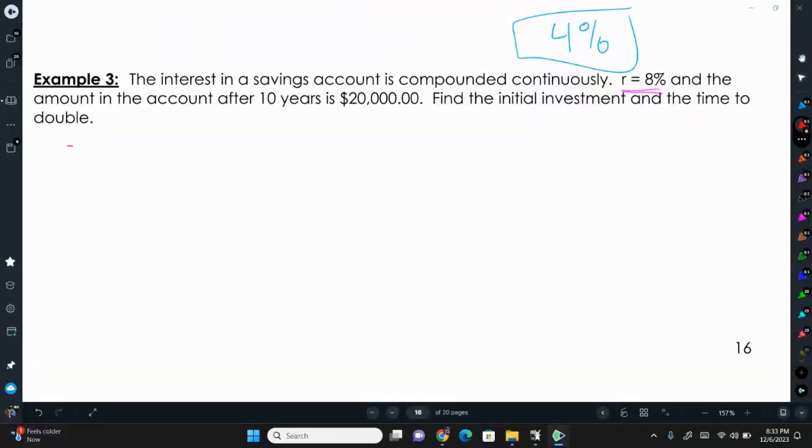So we ended with $20,000 equals A. We don't know how much we started with. Sorry, not A, P. P times e to the rt power. Well, R is 0.08 and t is 10.